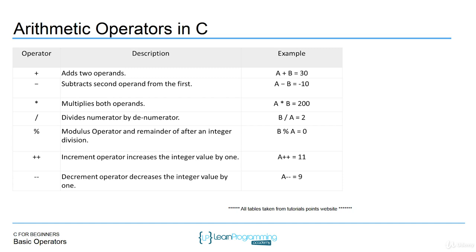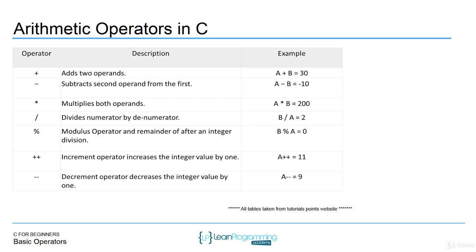Plus plus and minus minus are specific incrementation and decrementation operators. They're still referred to as arithmetic operators, but you'll mostly see them in loops when you repeat code, though not always. In this example, you're incrementing a variable by 1. If you do a++ and a was 5, it's now going to be equal to 6.